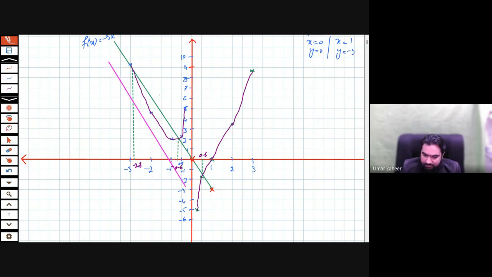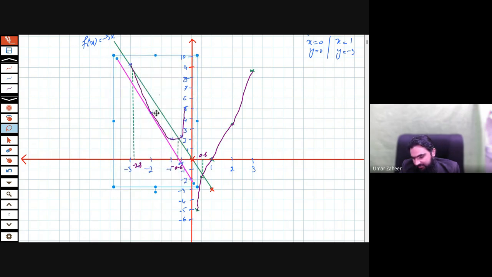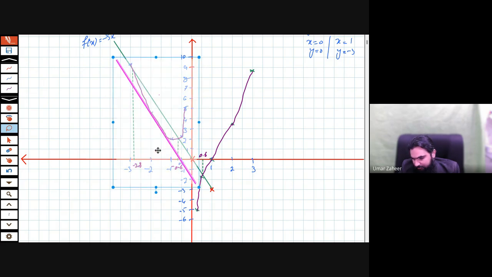I'm just trying my best to make a line that just cuts the graph at a single point at x is equal to minus 2. All right, this is minus 2. I'm trying to make it as good as I can. Yeah, I think that's fine.